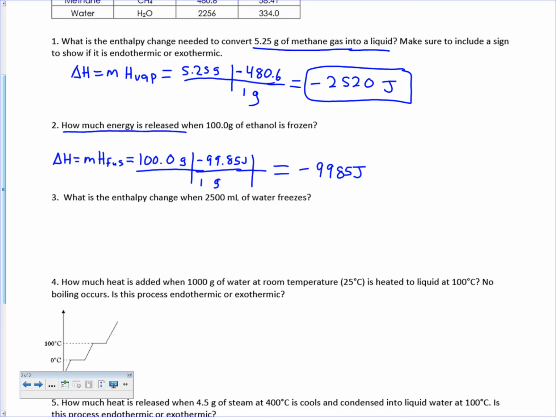I probably wouldn't do this to you on a test because it's a little bit too confusing. But negative 9,985 joules, that's the delta H, that's the change in enthalpy here. But if you're asking how much is released, the negative sign is implied in released. So we'd have 9,985 joules released. And as I said, released implies the negative.